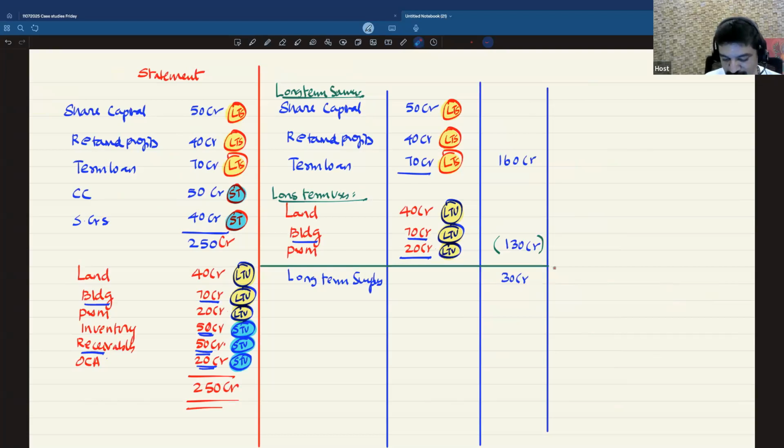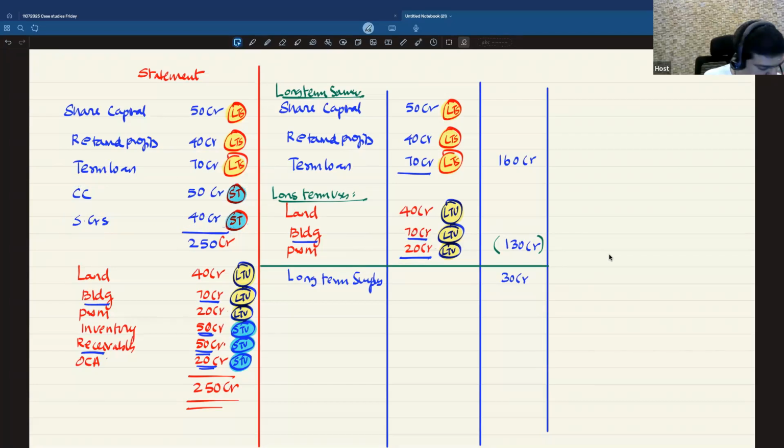And the answer is going to lie in the statement itself because we have not completed the statement yet. Why? Because we have not yet factored the short-term sources and uses. Yes or no? Look, what is their short-term source?